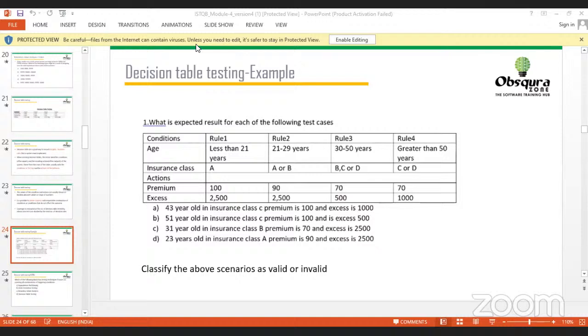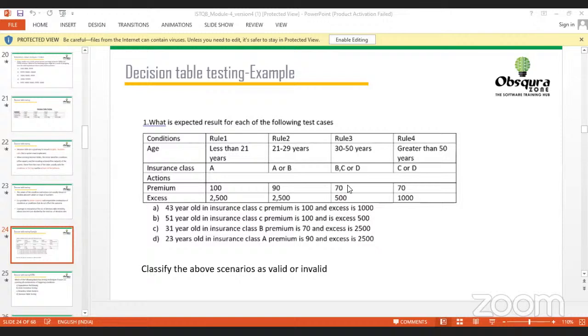Is it valid or invalid? Invalid. Yes, 31 comes under rule 3. Insurance class is B, that is correct. And premium is 70, but excess is 2,500, but it should be 500. So that is invalid.